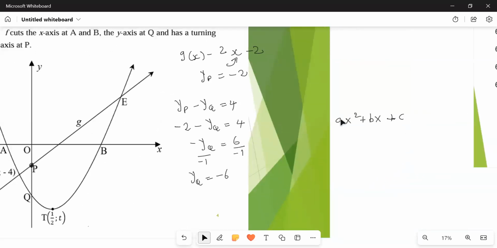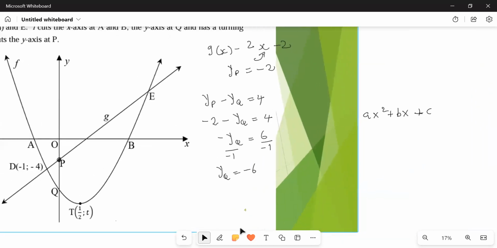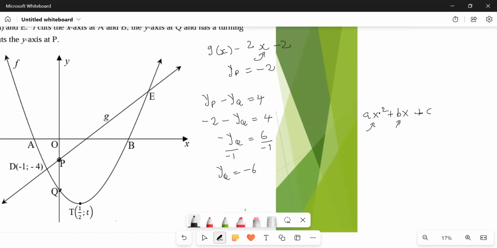Now this function ax squared plus bx plus c, check my q. It lies on my y-axis. It means that q is the y-intercept of f of x. For the y-intercept, let x be 0. So everything cancels and I am left with c.